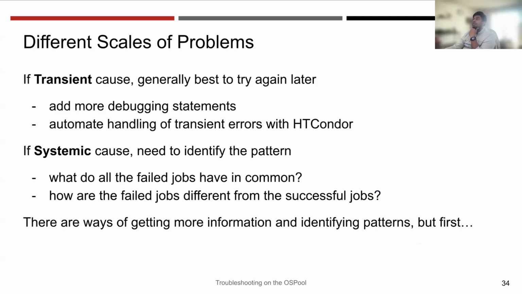For transient types of problems, in most cases, as I mentioned with the OSDF error, it's best to just try again by releasing the jobs. And for those cases, add some more debugging statements so that you can narrow down what issues are actually going on.